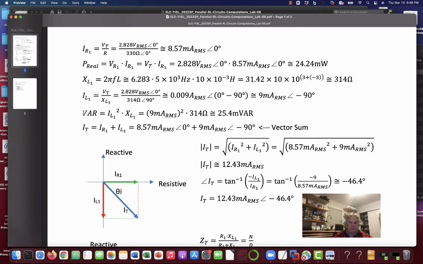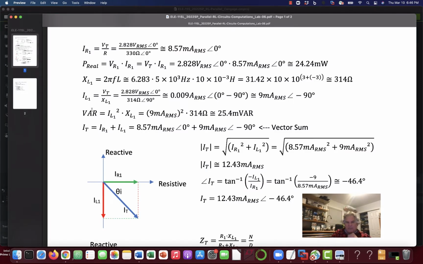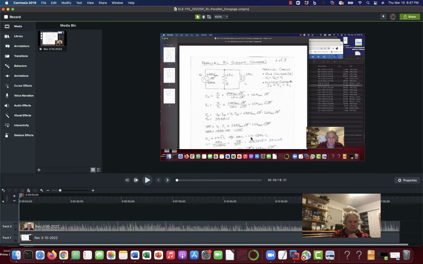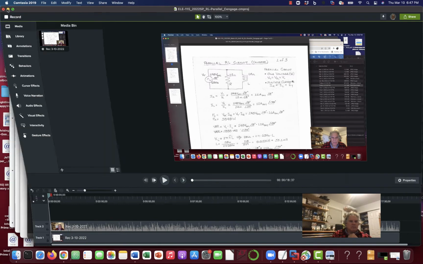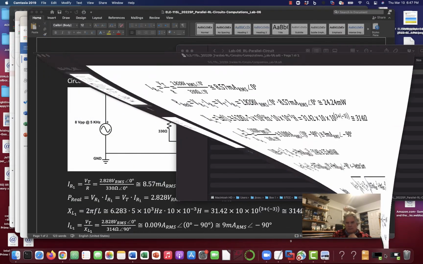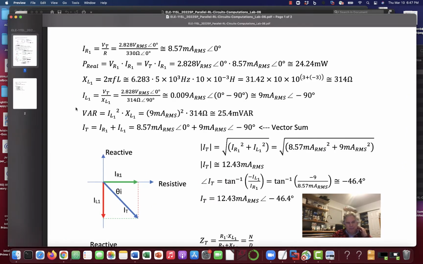Now, the reactive power, just like we could compute the real power using the resistor only, we can compute the reactive power by considering just the inductor only.